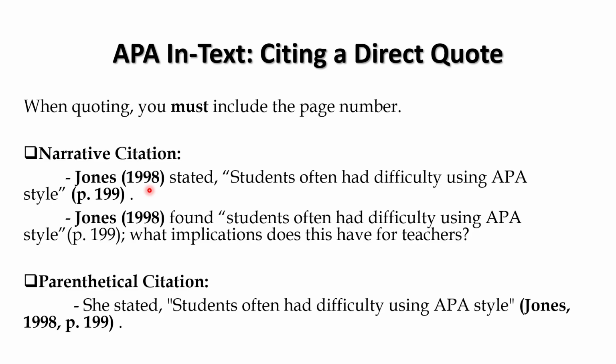Then the page number, p. 199, between parentheses. This page number comes after the closing quotation marks but before the period. This is the standard format for a narrative citation with a direct quote.